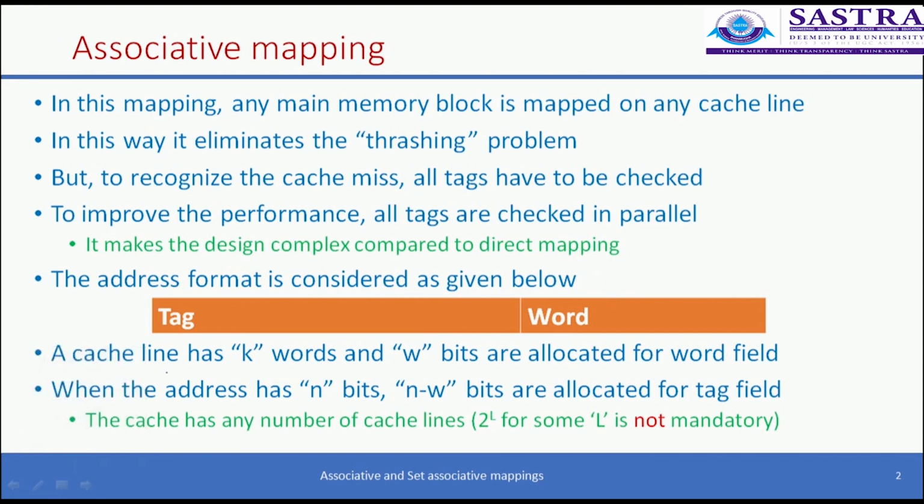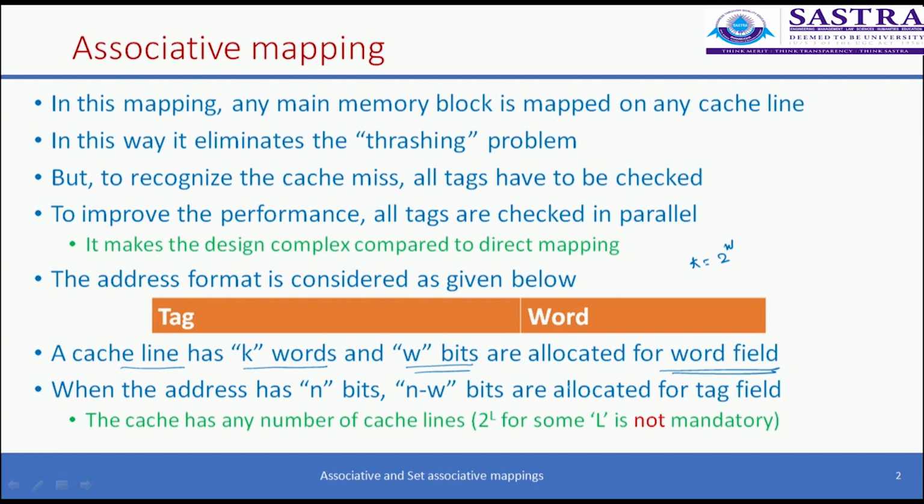A cache line has k words and w bits are allocated for the word field, meaning k equal to 2 power w. If 2 bits are allocated for word, then the cache line has 4 words. If 3 bits are allocated for word, then the cache line has 8 words.